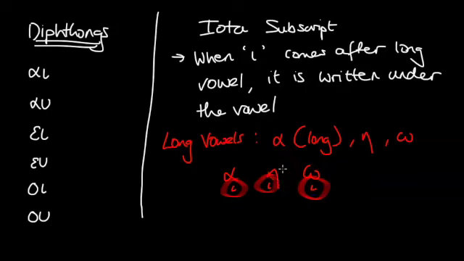Somebody might like to pronounce that eh, or they might pronounce it with the iota, depending on whether they want to incorporate it or not. And then finally with the omega, somebody might like to pronounce it normally, or incorporating the iota subscript by saying it something like this: oi. It's really just a matter of preference.